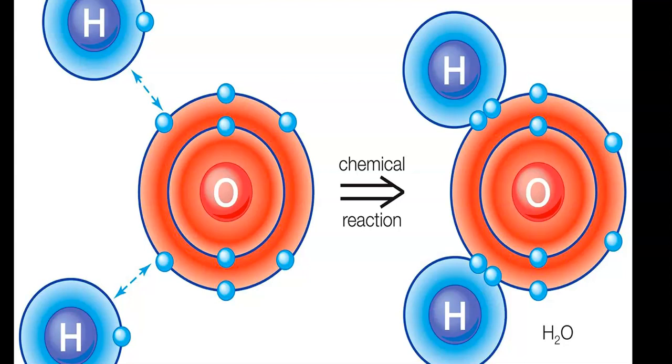A covalent bond occurs within water molecules between hydrogen and oxygen. Hydrogen bonds occur between water molecules. Water molecules form a hydrogen bond, which is a type of intermolecular force, with electronegative oxygen atoms of other water molecules.